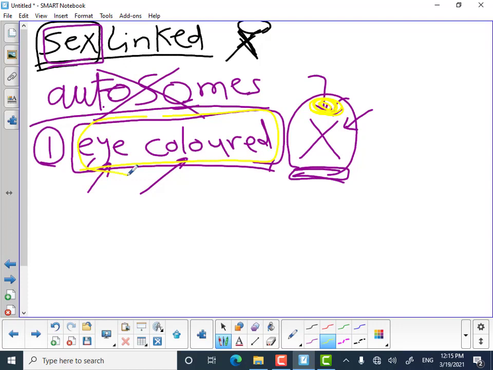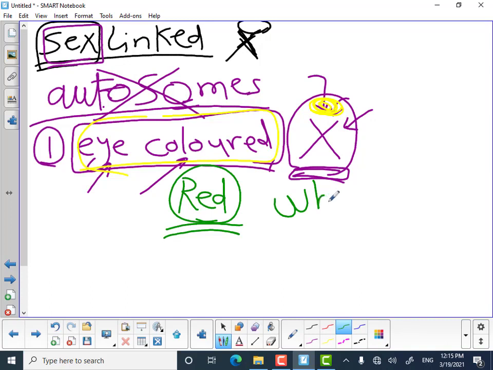Let's take an example. The eye color red, the red color in the Drosophila is dominant. It is the dominant character, and the white color is recessive.